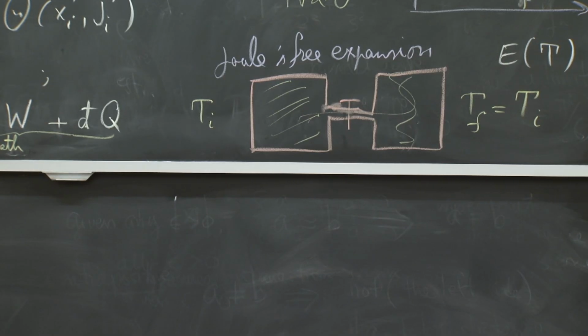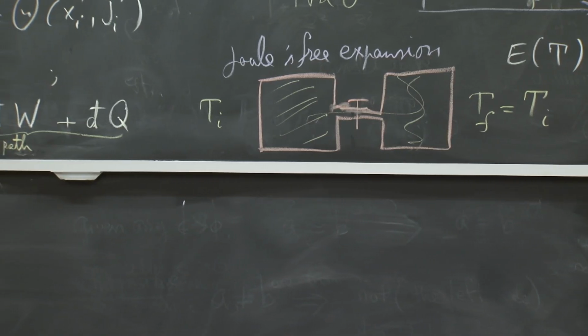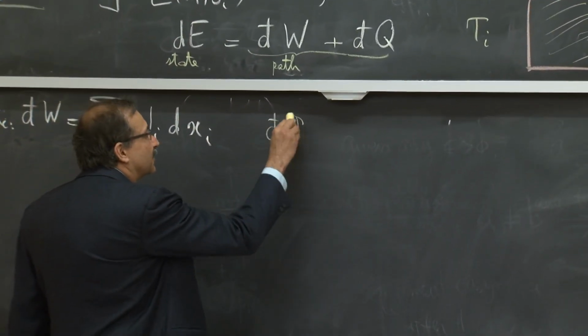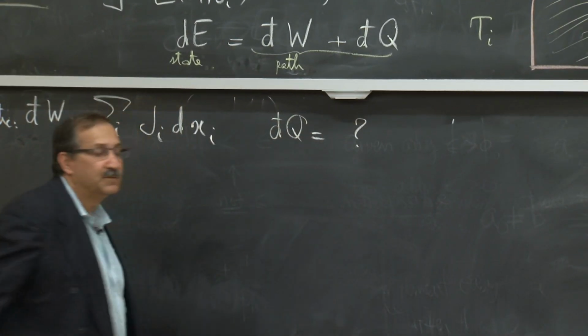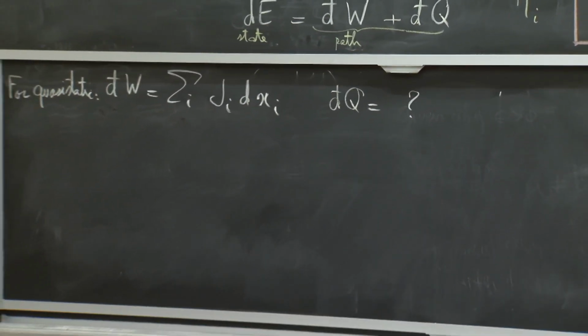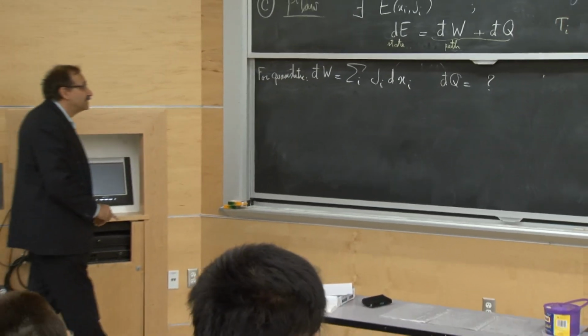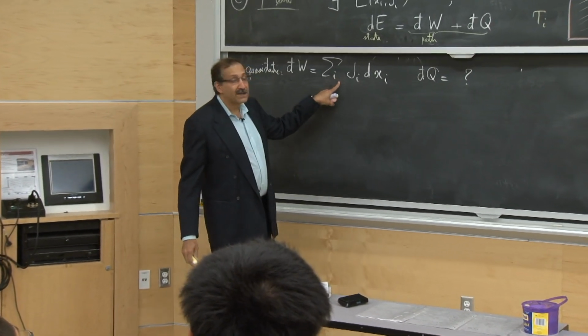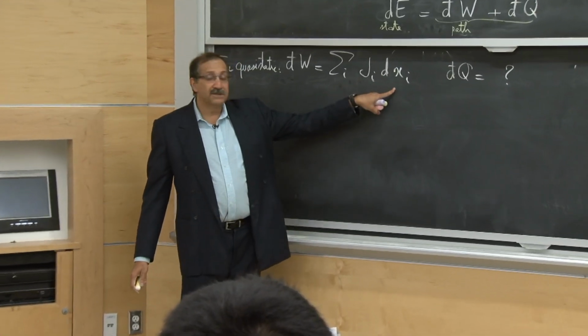Now, I said that it would be ideal, and what we would like to do ultimately, is to have a similar formula for dq. If we look by analogy, we see that for W, we have j's times the x's.